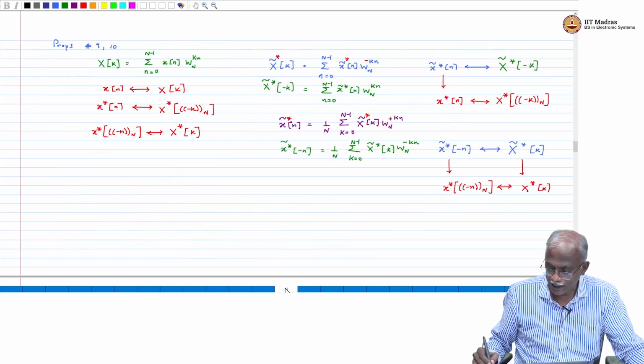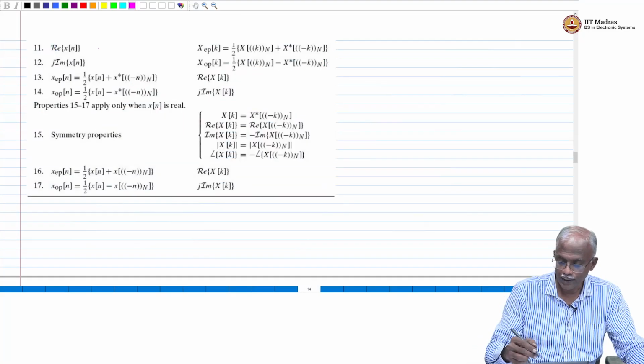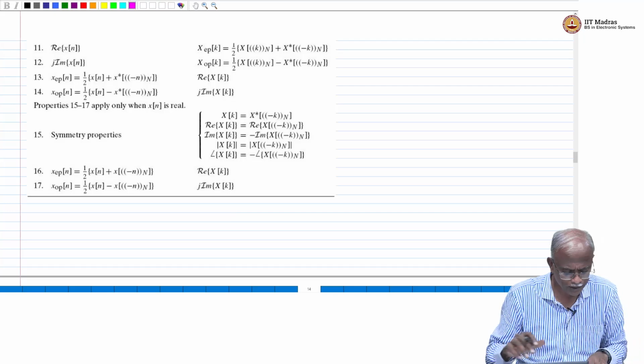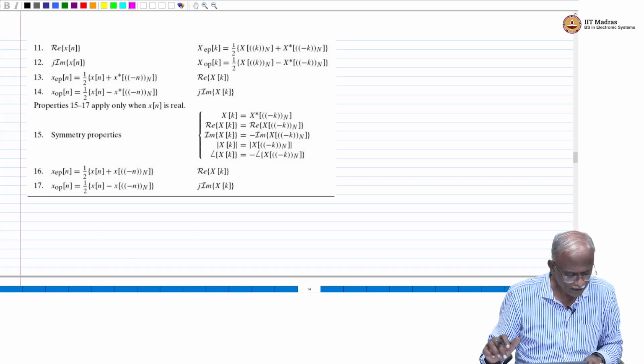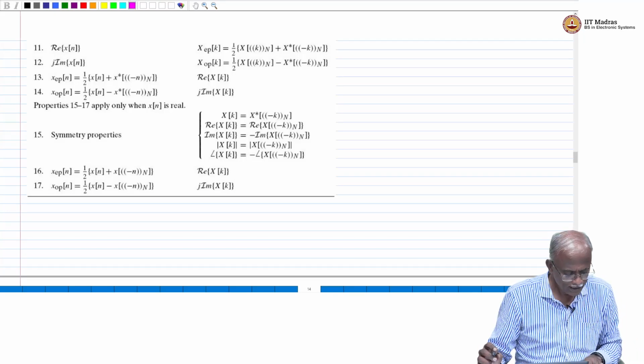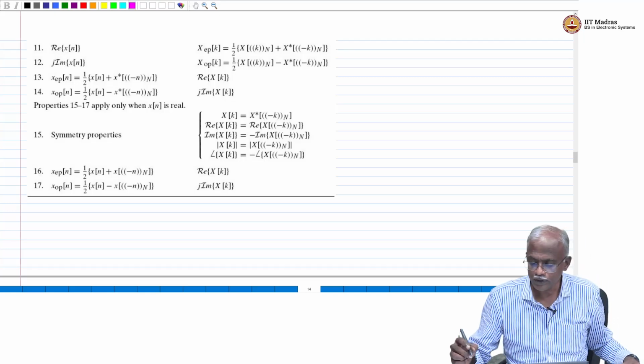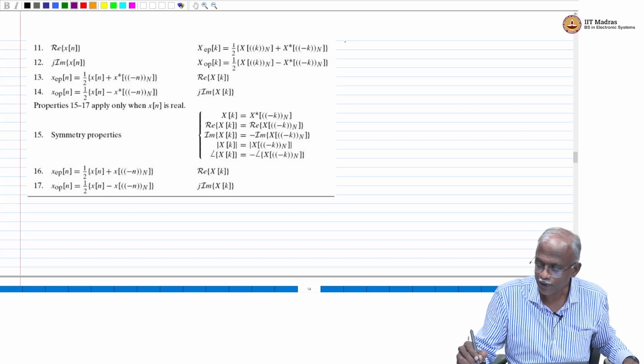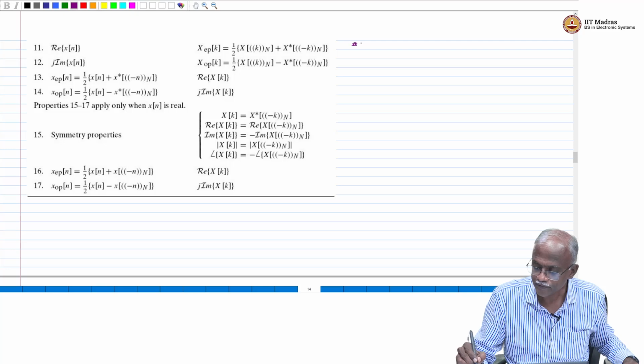Now come the corresponding symmetry relationships. So once we have derived these results, then we can write down the following. For example, supposing you want to look at property number 11.